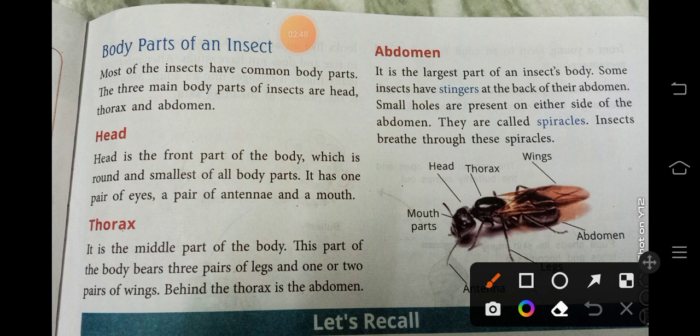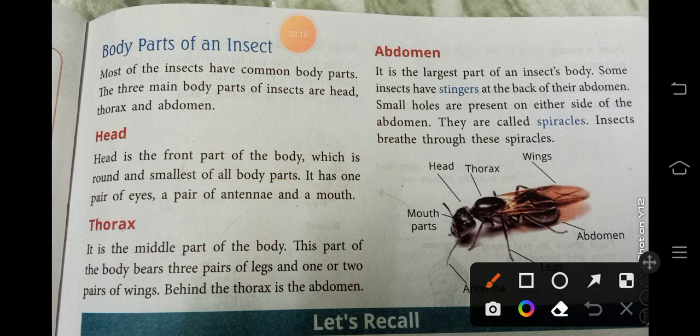Head is the front part of the body. Here you can see the head, which is the front body part, and it is round and the smallest of all the body parts.